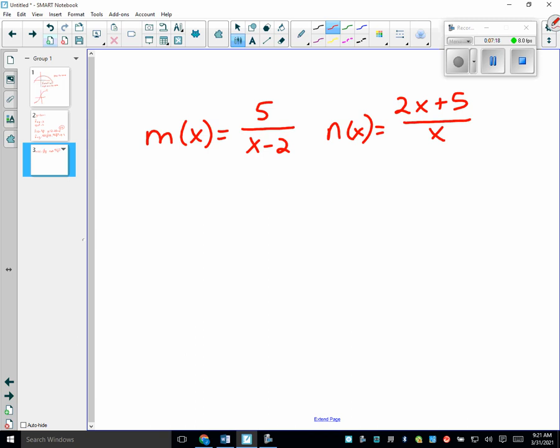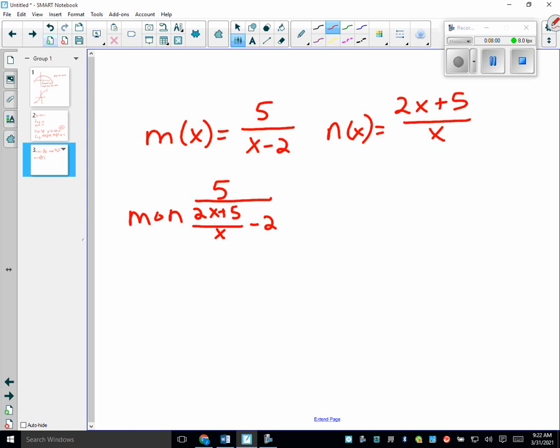All right. Even though it's not f and g, we can do f of g and g of f, right? Which one are we doing first? Put n in m? Is that all right? So I have 5 over 2x plus 5 over x minus 2. The easy thing to do would be to multiply top and bottom by x.